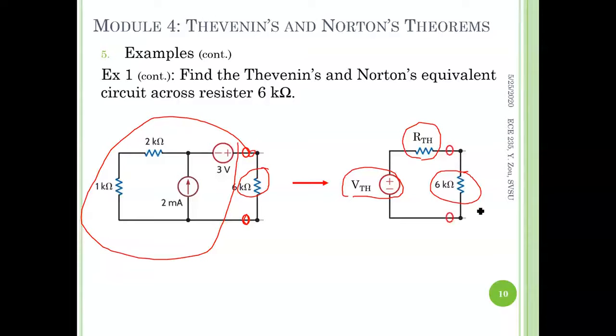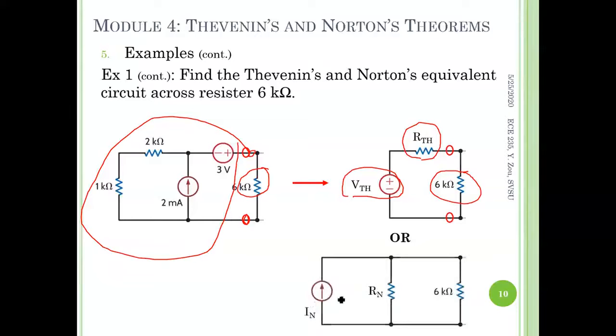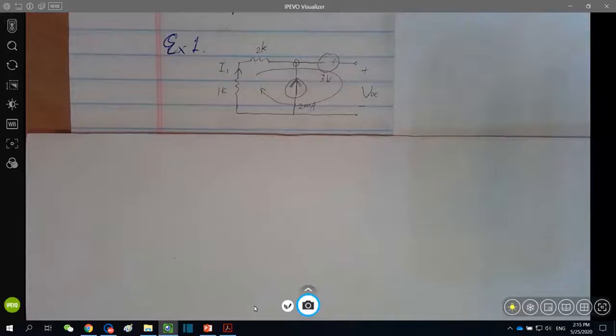Or in terms of the Norton equivalent circuit, a Norton independent current source parallel with Rth, feeding the same part B circuit, 6 kilo. And obviously, In is just equal to Vth divided by Rth, Ohm's law, and Rn equals Rth.